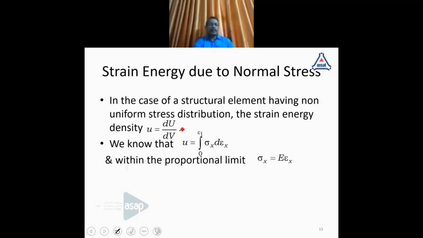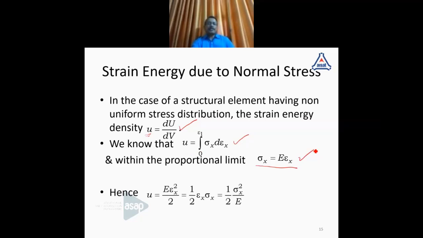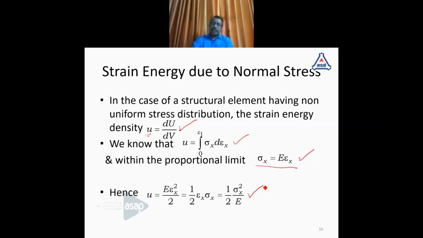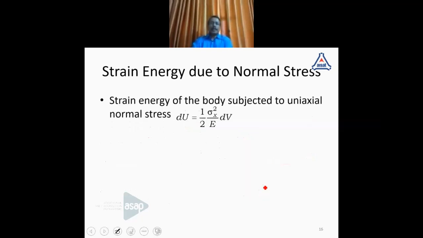So this is a basic expression for elastic strain energy density, and this expression we already have seen, and within the proportional limit, this expression comes from Hooke's law. So using this, we can write the strain energy density is half of sigma x square by E. That expression is also already explained to you.